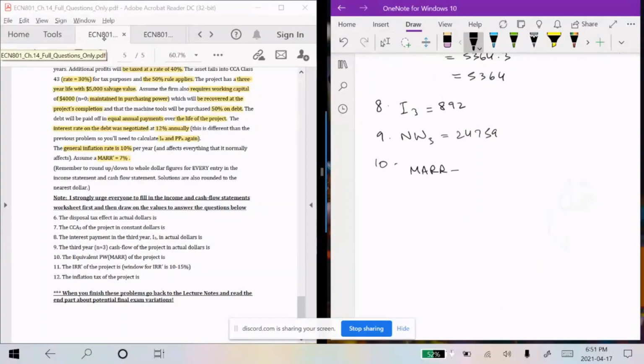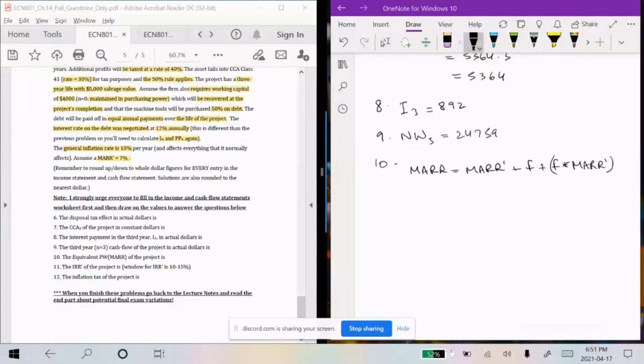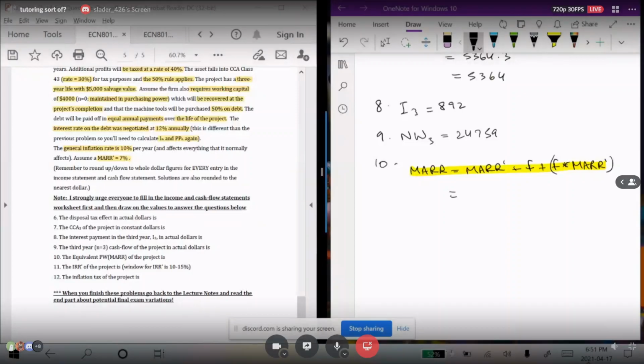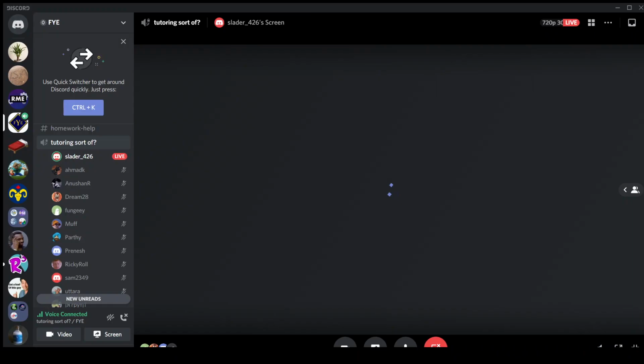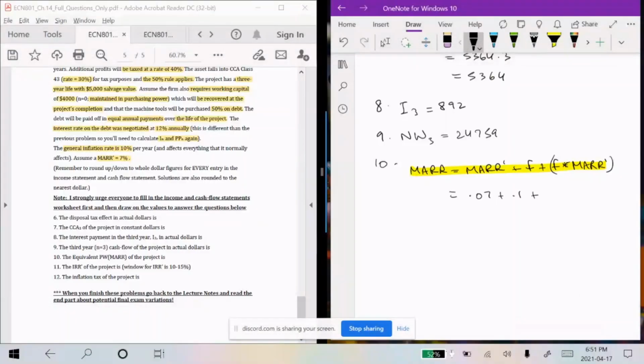The MARR is MARR dash plus the inflation rate plus the inflation rate times MARR dash. The MARR dash was 7%. So 0.07 plus 0.1 plus 0.1 times 0.07, that is 0.007. You get 0.177.